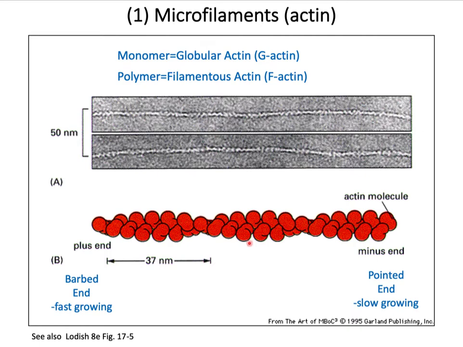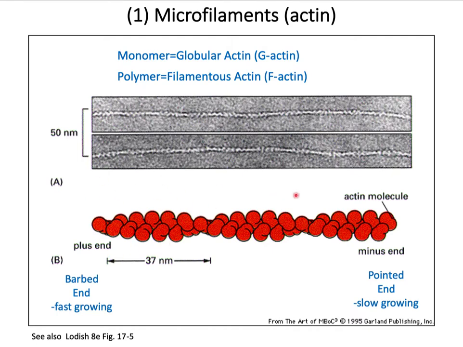The two ends of the actin filament are not biochemically equivalent. One end is known as the plus end, sometimes referred to as the barbed end. It is known as the fast-growing end, especially in vivo when the filaments are growing. They grow very quickly at this plus end, so monomers are being added at the plus end.